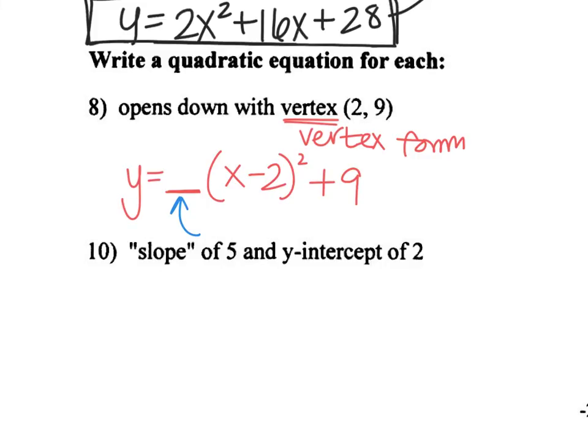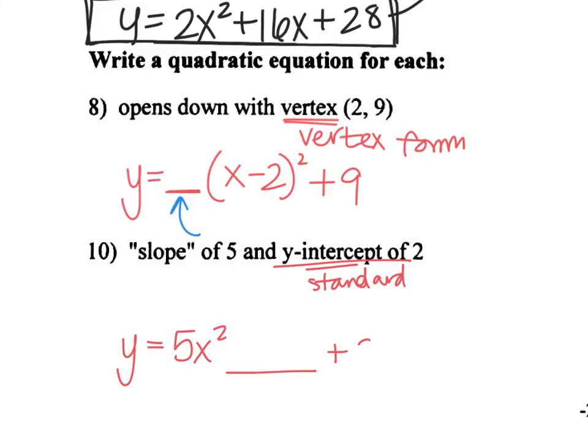All right, question 10. This time they give me a y-intercept, and the y-intercept should tell you to do standard form, which is ax squared plus bx plus c. So when I write these, I'm going to do y equals 5x squared. You can put anything you want in the middle here, and then you need to have plus 2 at the end.